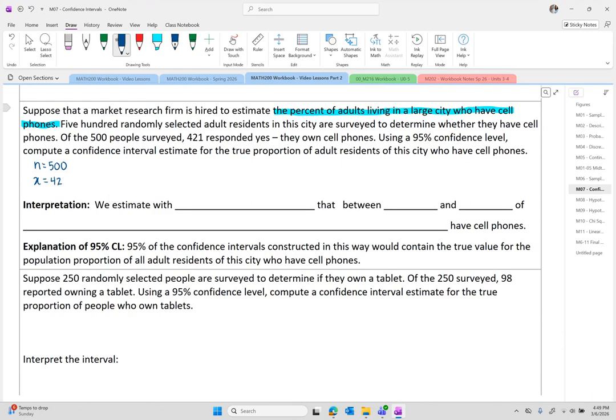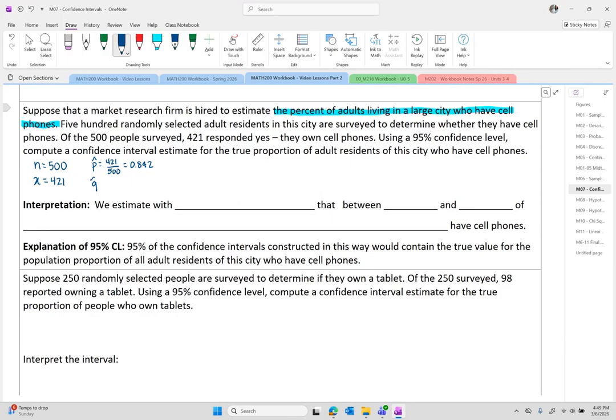So these are the successes, that they own cell phones. So from here we know that p hat will be 421 divided by 500, which is 0.842.